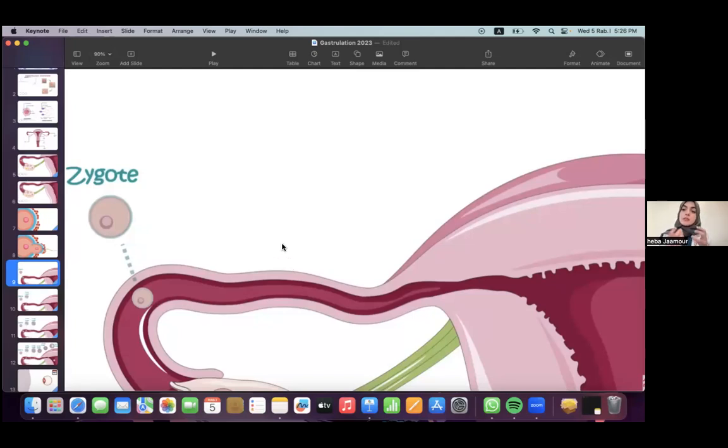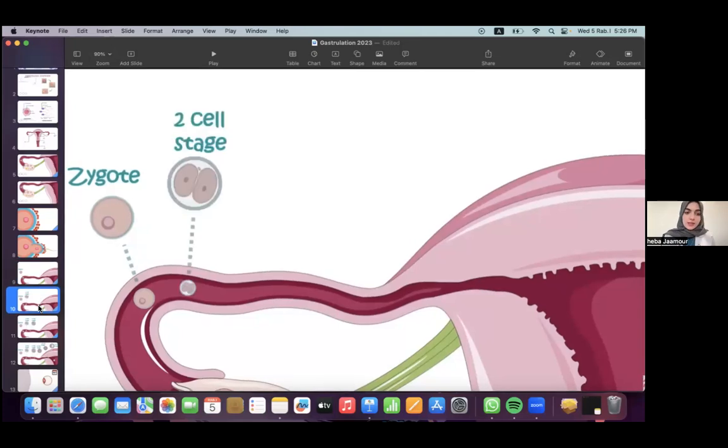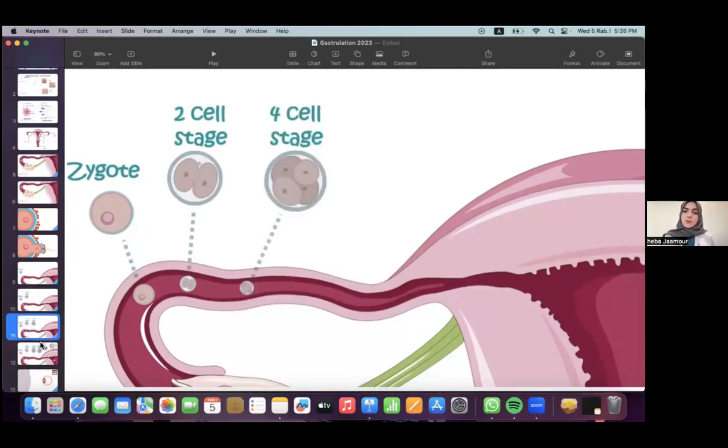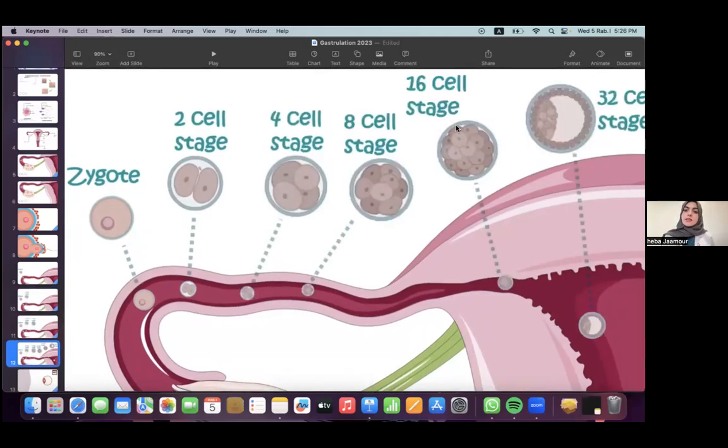So how does it start? It very simply starts by the cell dividing, okay? So it goes from one cell, if it divides, then it becomes two cells, right? Two cells is called a two-cell stage. So when the zygote divides into two cells, we call it a two-cell stage. And then it keeps on going this way. It becomes a 4-cell stage, an 8-cell stage, and so on.